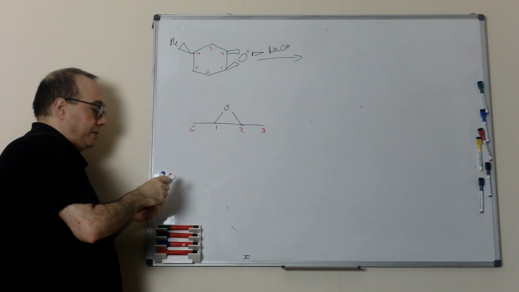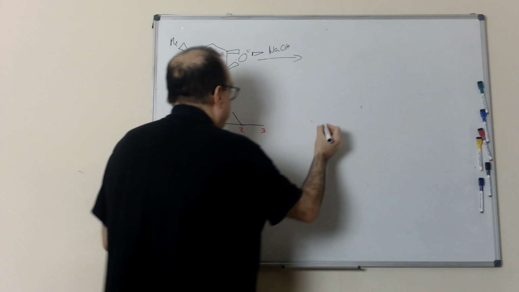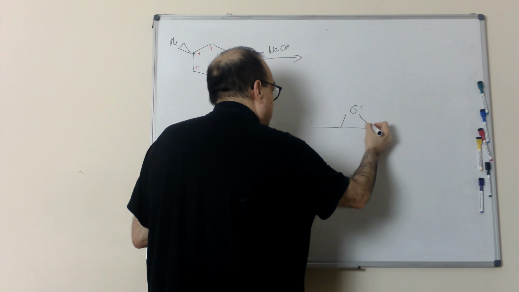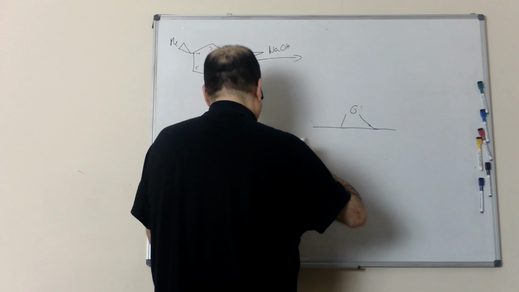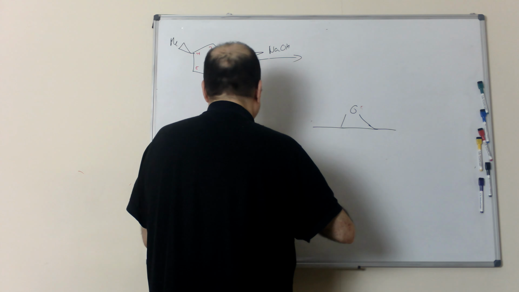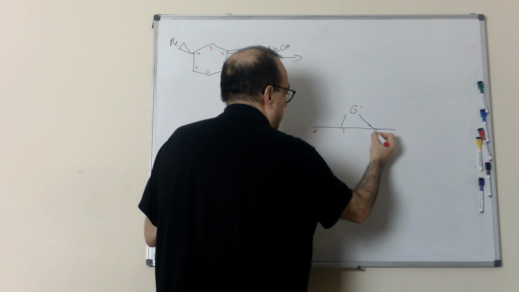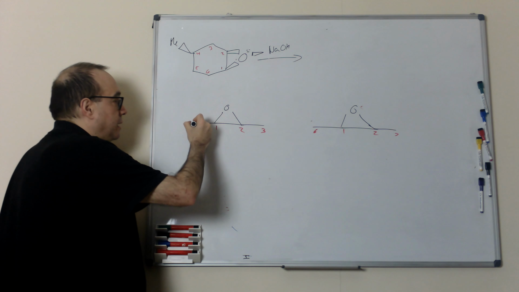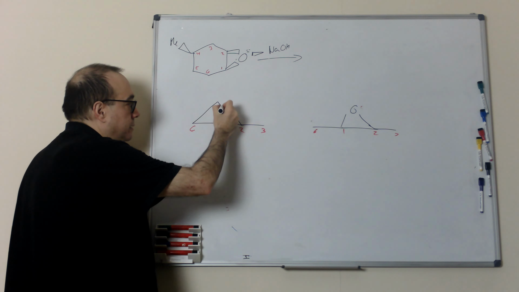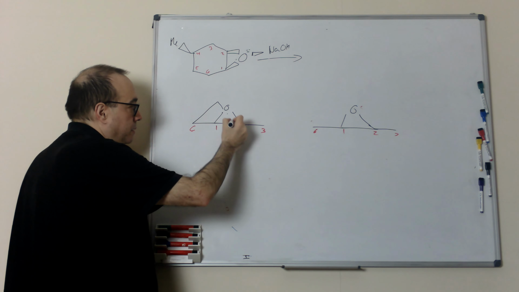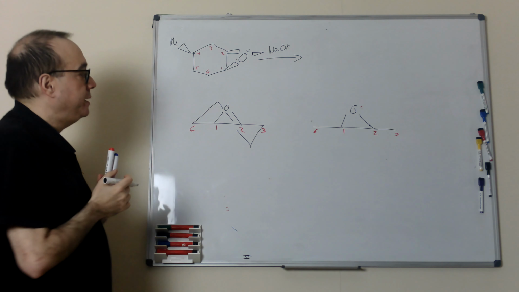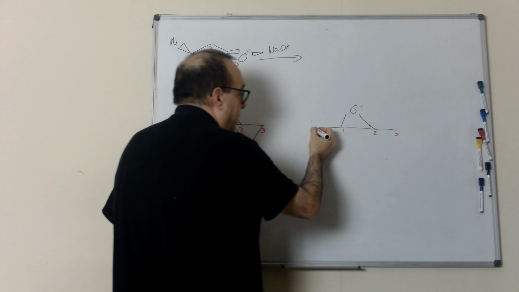And then, as I did before, I can do both. Okay, I can draw the half transition state up, this, or I can do it down.